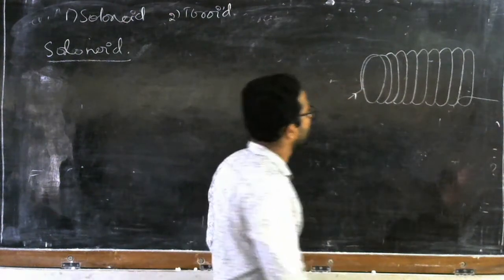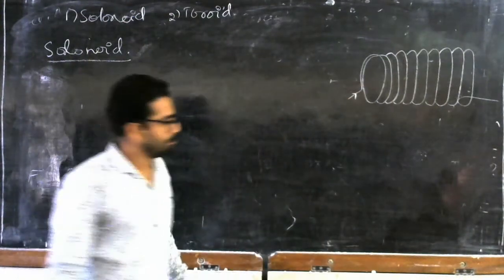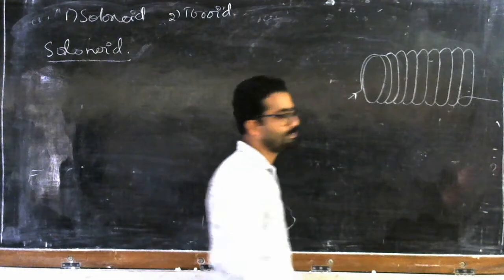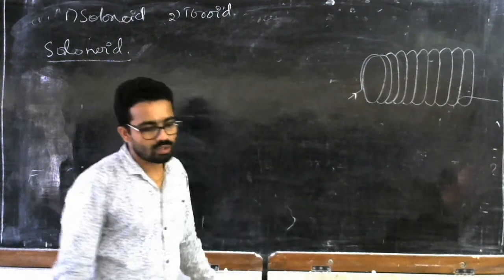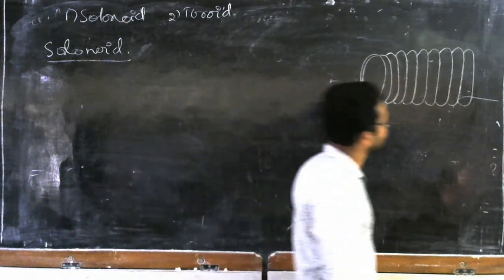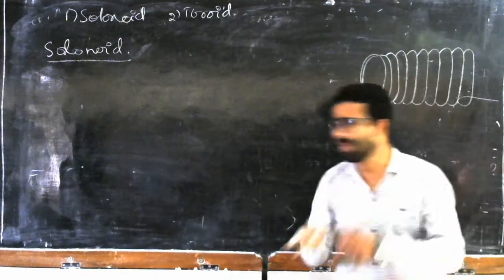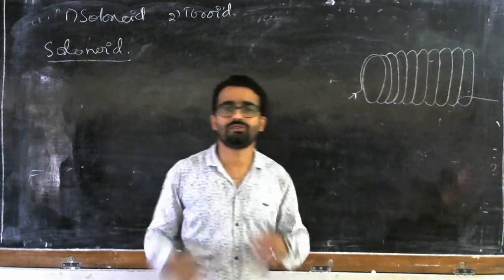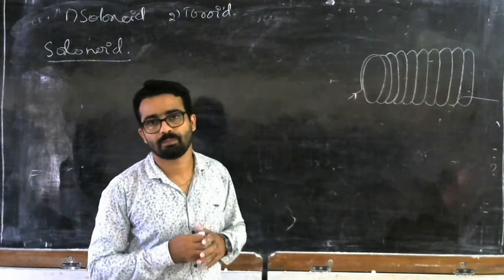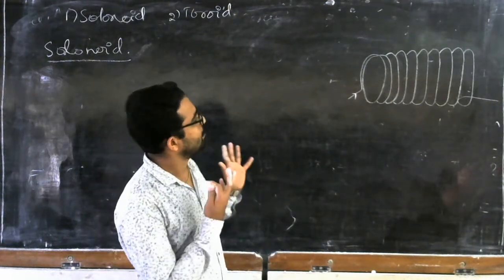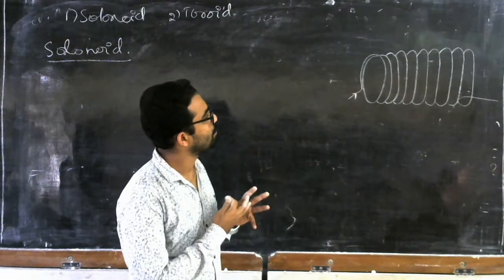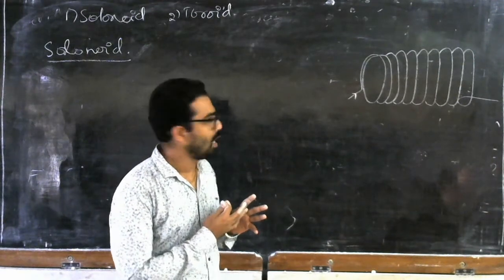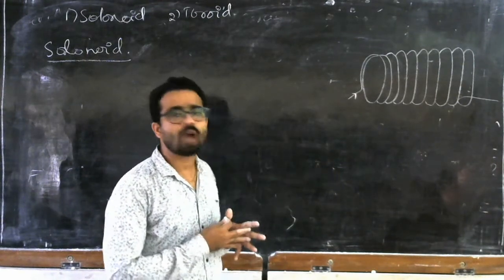You can see this. This is actually called a solenoid. A solenoid is a device whose main application is to produce a magnetic field. How does it look and what is it made up of? It consists of a long wire.